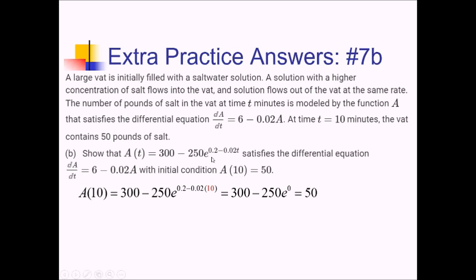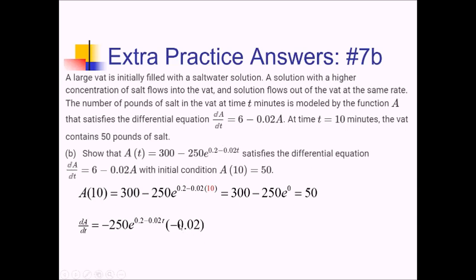We have derivative of 300 is 0, derivative of negative 250 e to the something is negative 250 e to the something, times the derivative of the something. The something is just the linear function here with a derivative of negative 0.02.